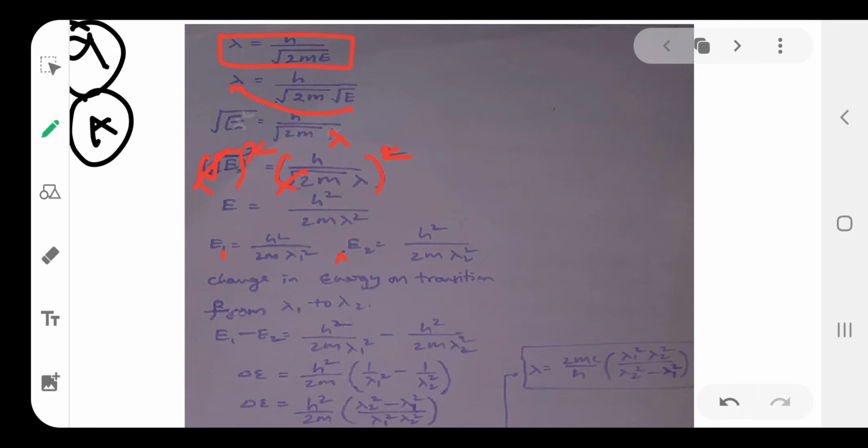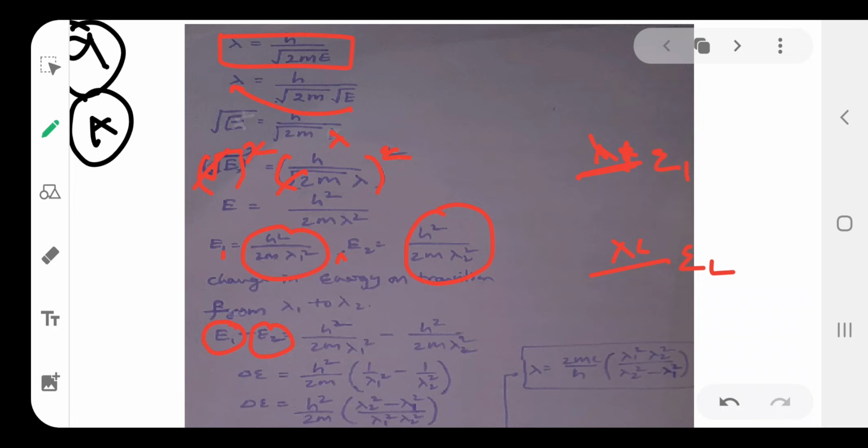The change in energy on transition from lambda 1 to lambda 2 is E2 minus E1. Substituting, we write h square by 2m lambda 2 square minus h square by 2m lambda 1 square.